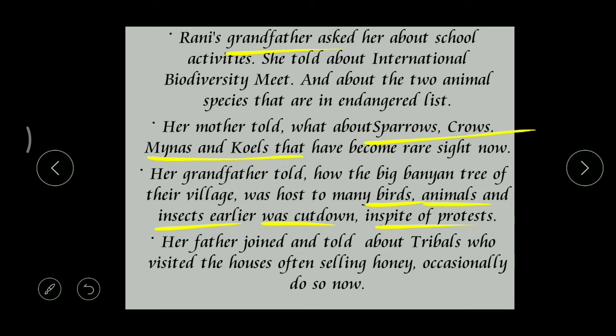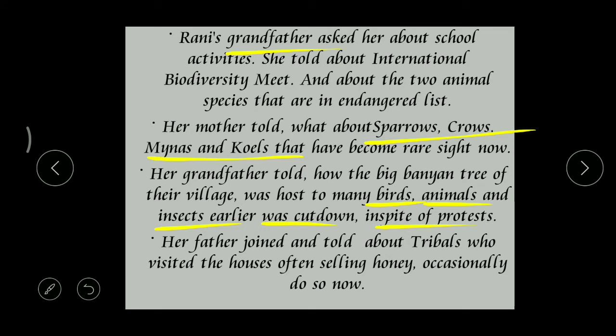Protest means even though many people don't like to cut down that kind of plants, the governments and other people are cutting down that kind of trees. So automatically all these different types of animals, birds and insects lose their shelter.